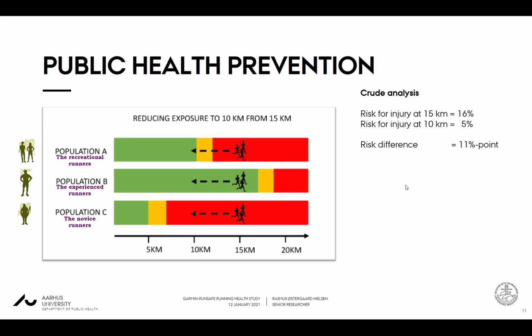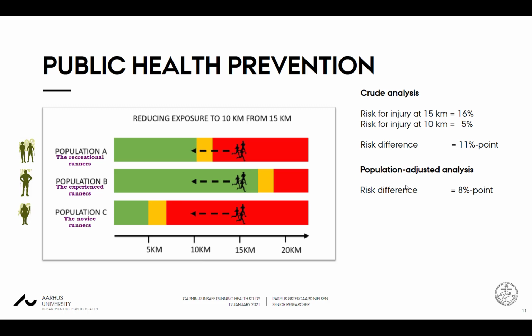This equals a risk difference of 11 percentage points. If we then use the concept of confounding and adjust the result for type of population, we'll get a risk difference of 8% instead. This is usual practice in many scientific articles, to include additional variables in the analysis as confounders. As you can see, in this case, it also changes the estimate from 11 percentage points to 8 percentage points.